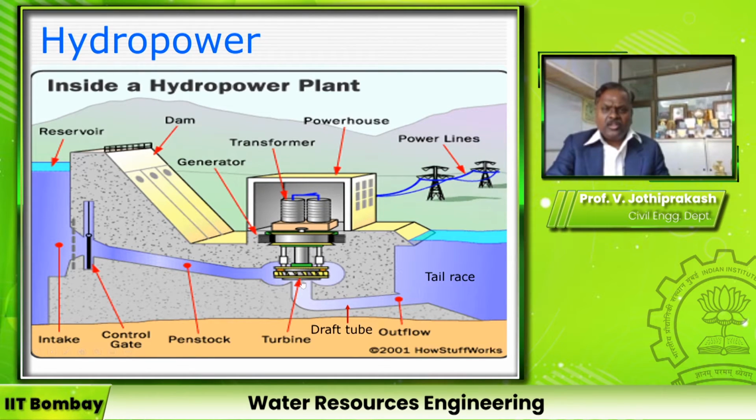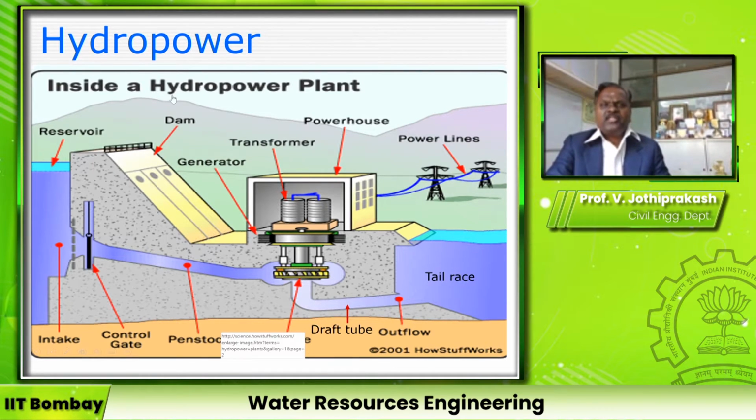To reduce the residual velocity, that water is led through a pipe called the draft tube. The draft tube will have a sudden enlargement. When there is a sudden enlargement, there will be a reduction in velocity. And this is led into a small pool of water called the tail race. And then from the tail race, it is used either for irrigation or for other purposes.